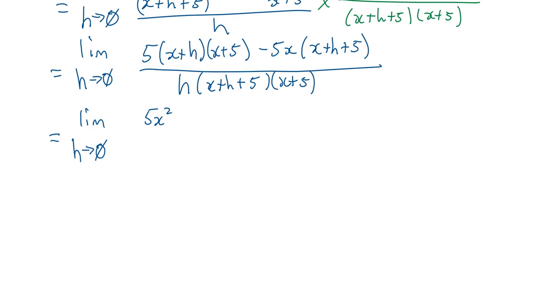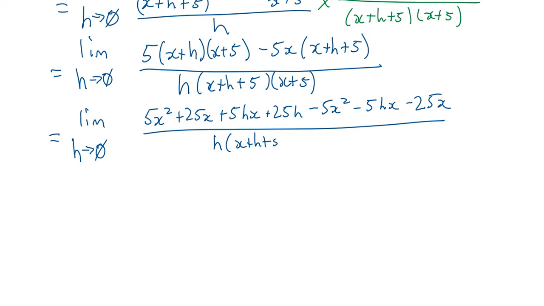X times 5 is 5x times 5 is 25x. H times x, hx times 5, so 5hx, and 5 times h times 5 is 25h, minus 5x squared, 5xh, or 5hx, minus 25x.